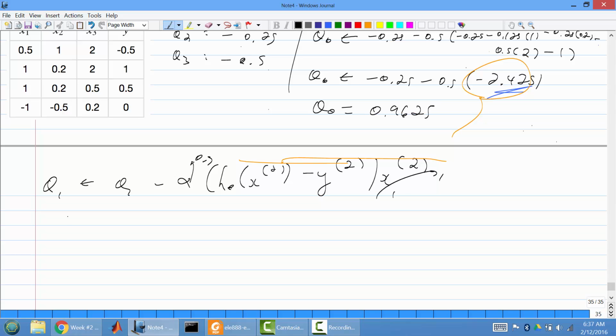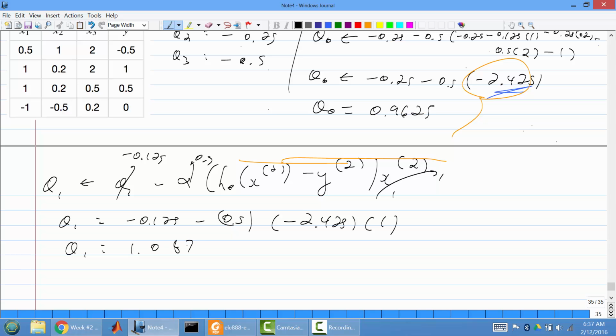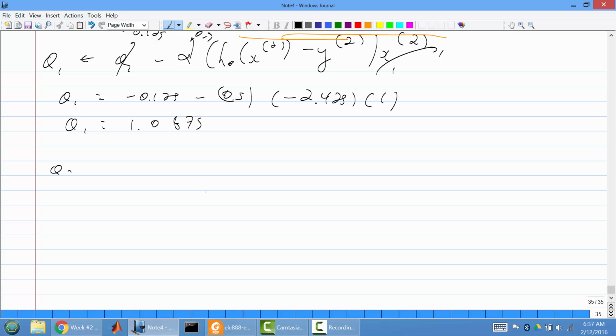So this guy here was minus 0.125. So this is minus 0.125, and this is minus 0.5, minus 2.425, and then multiply that by 1. The update we get is 1.0875. Okay, and then let's do the last bit.